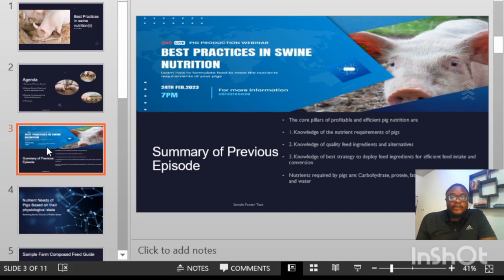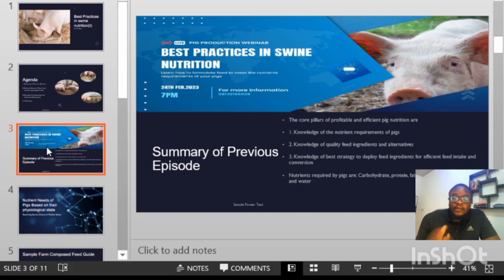So every farm has certain peculiarities, sometimes based on the farm size, sometimes based on the location, and so forth. So every farm has certain peculiarities that normally will influence the kind of nutrition system and inclusion rates that they adopt in the farm. Alright, but despite these peculiarities, there are three core pillars of profitable swine nutrition.